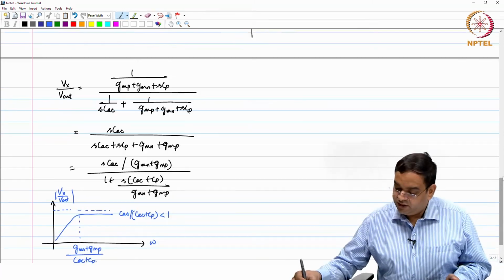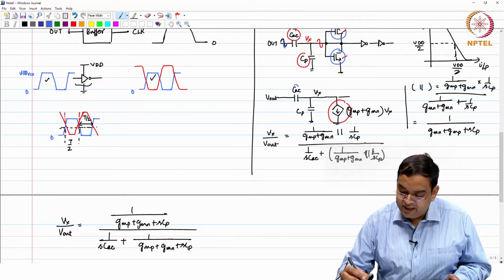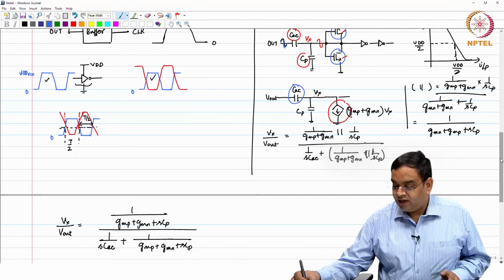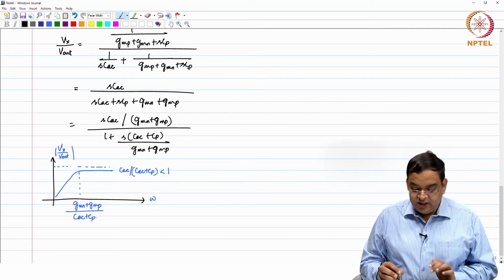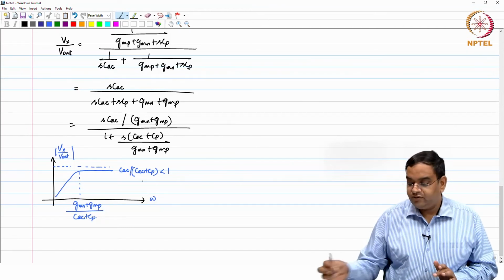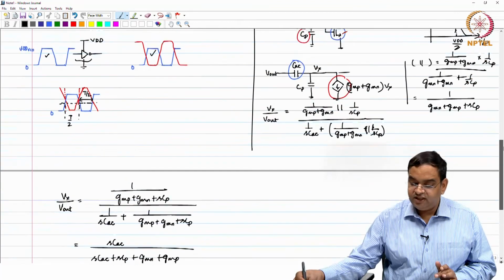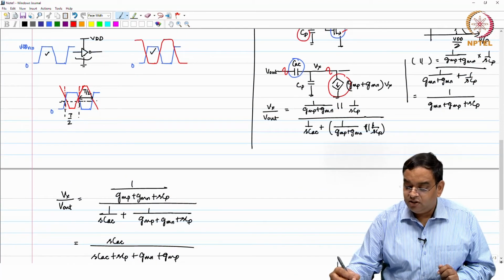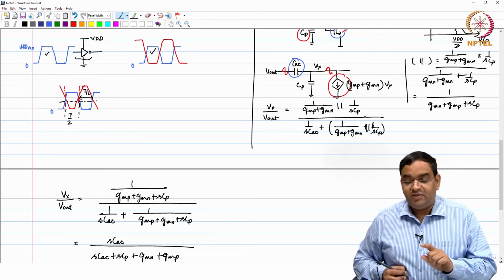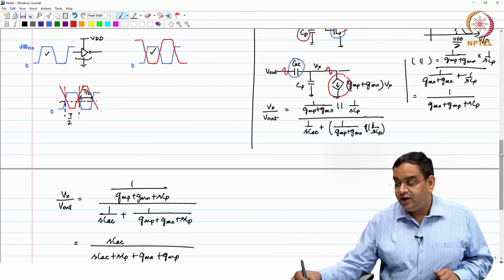So, when you are choosing this capacitor CAC, you need to understand this transfer function. First, we want this gain to be close to 1. Whatever magnitude is coming at the input here, the same magnitude should come here; that is ideally required.